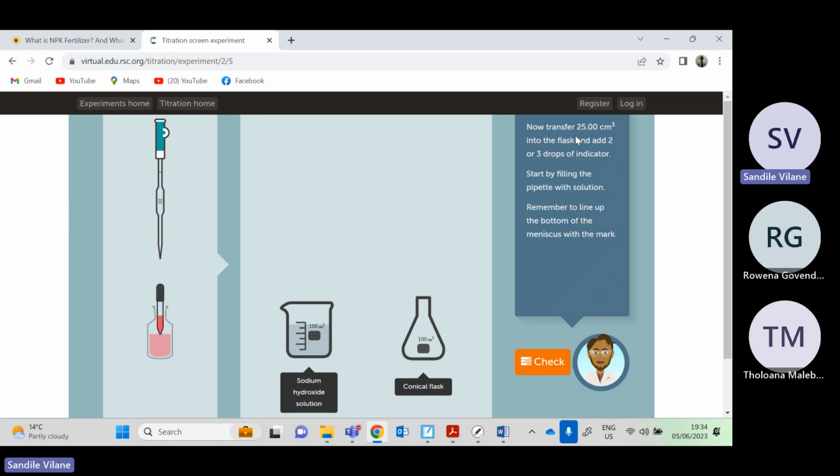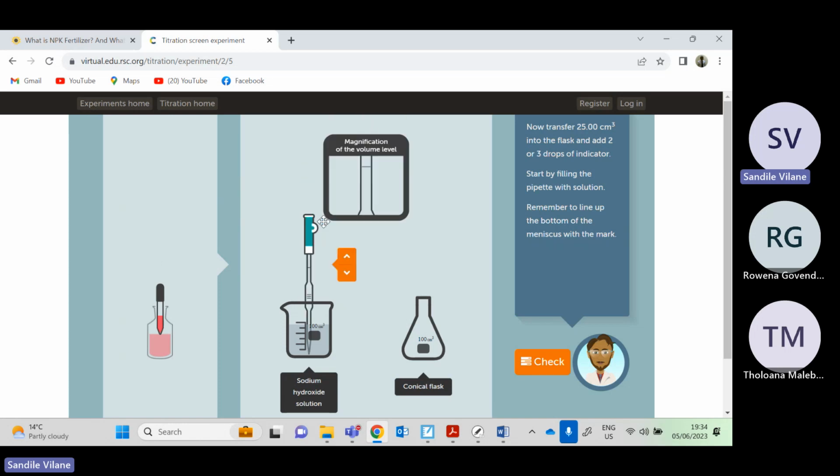And what is next? Now transfer 25 cubic centimeters into the flask and add 2. Start by filling the pipette with the solution. So here's our pipette, and then let us hold it to the required mark.